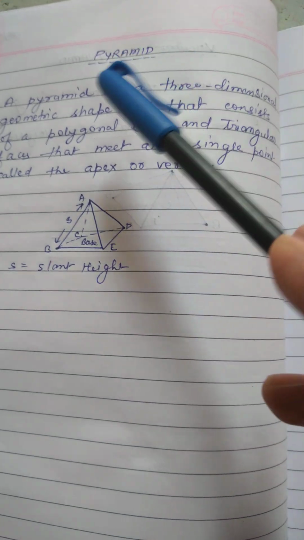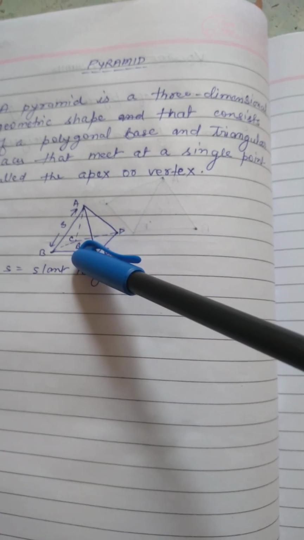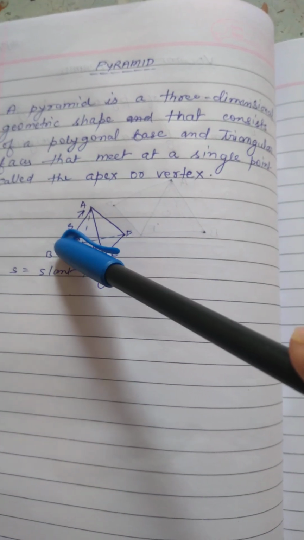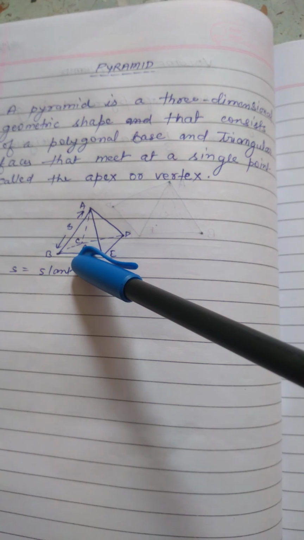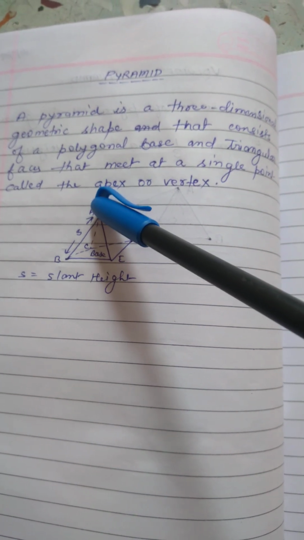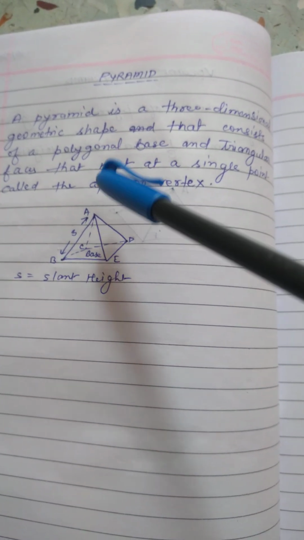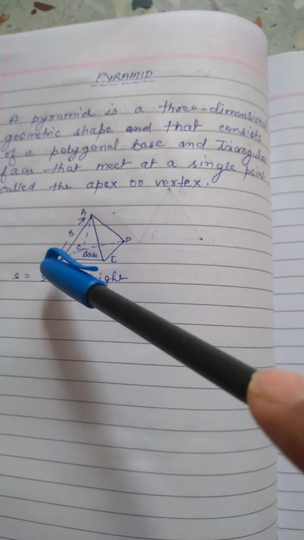Pyramid. A pyramid is a three-dimensional geometrical shape that consists of a polygonal base and triangular faces that meet at a single point called the apex or vertex.